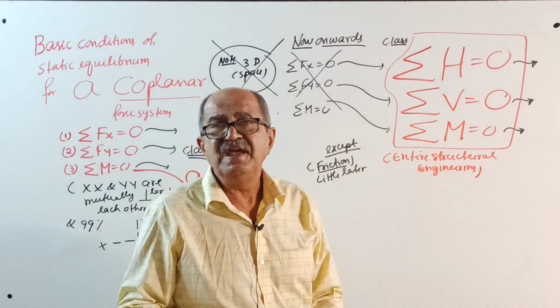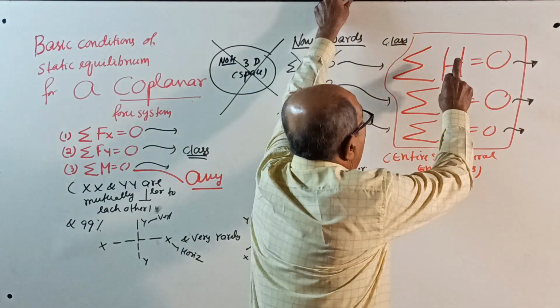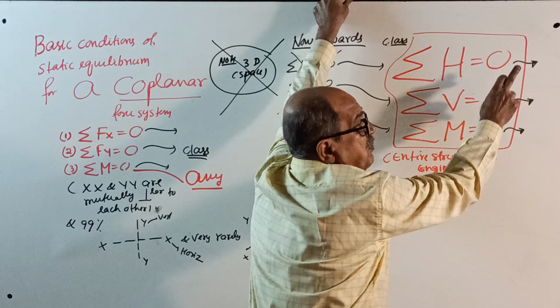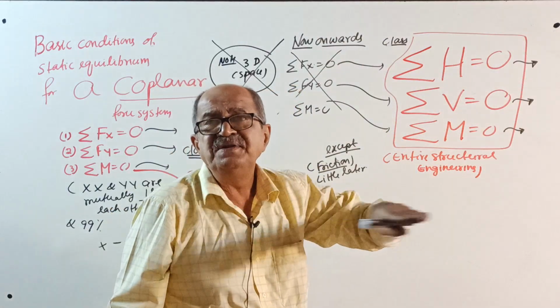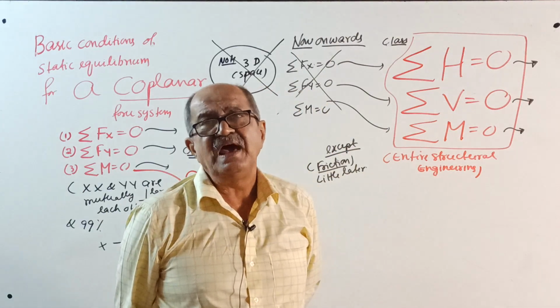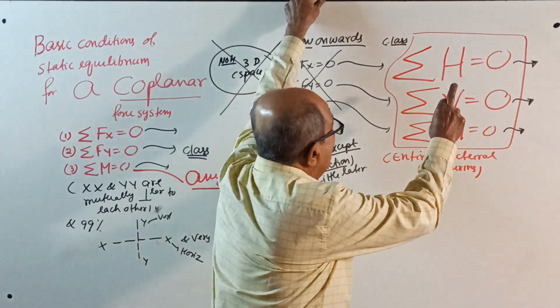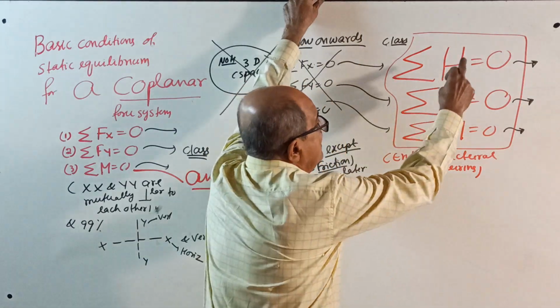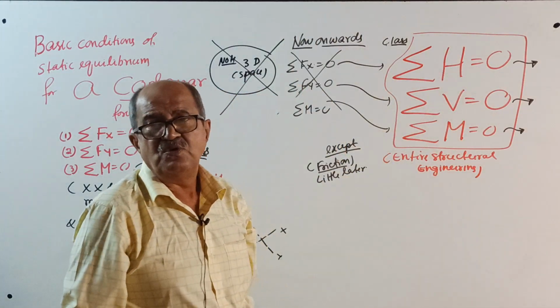Those who want, write once again. This is as I told. Algebraic sum of the components in horizontal direction equal to 0, of course, considering the entire force system. Algebraic sum of components in the vertical direction equal to 0.